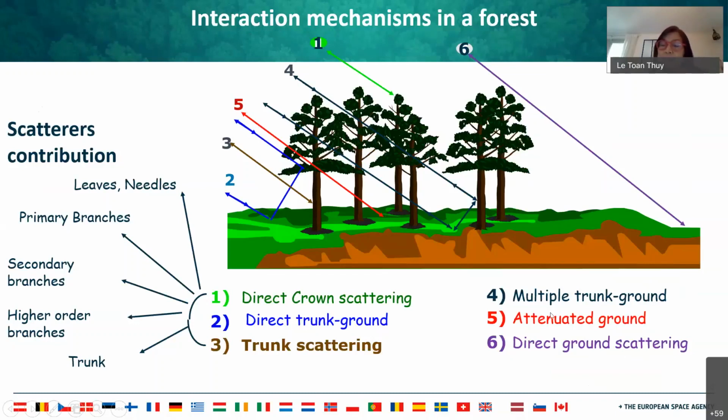This is a sketch, because there are multiple interactions everywhere. It can touch the first tree, the second tree, and come back, etc.